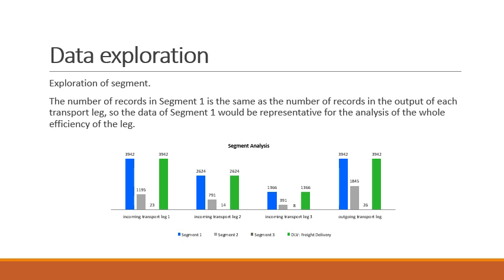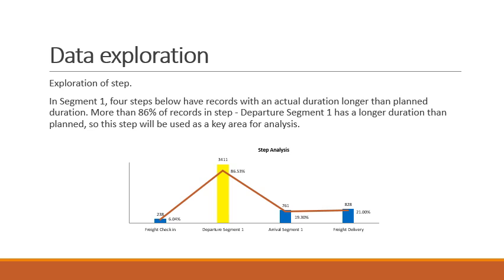In each segment, there are 8 steps altogether, but we only focus on the steps whose actual duration is longer than the planned duration. In segment 1, 4 steps below have records with an actual duration longer than the planned duration.